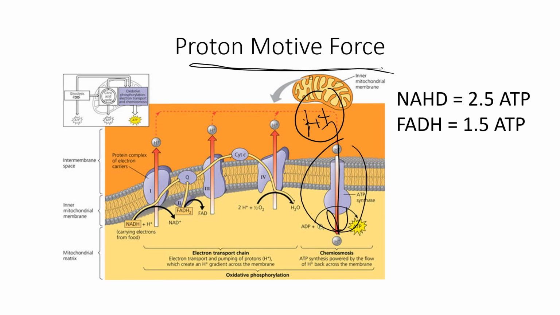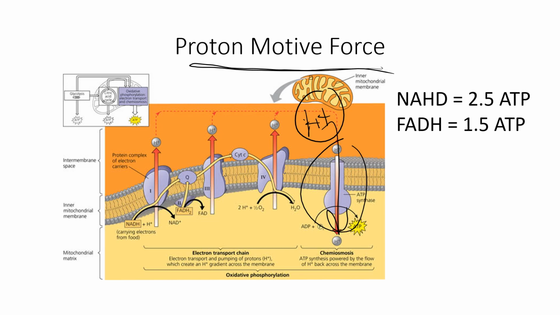So now if you think about what creates the proton motive force, this desire for hydrogen ions to come from the inner membrane space back into the matrix? Well, what creates the proton motive force, or is the proton motive force, is the mitochondrial membrane potential.